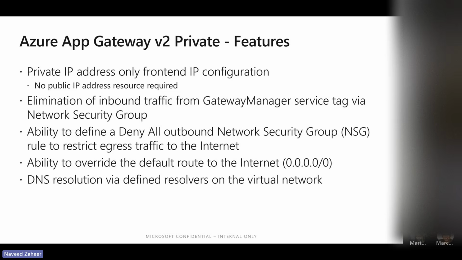So you can block all outbound traffic except to that network address, and as far as I know, you have to use a NAT gateway as well, to make sure there is a public IP address when you are accessing that backend service. But for all practical purposes, the key message here is you can block all inbound traffic.